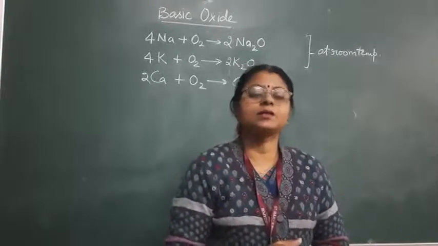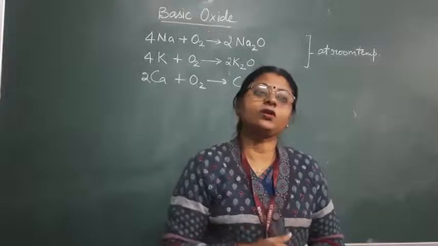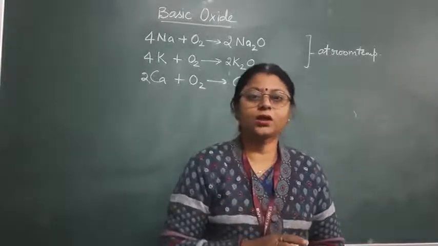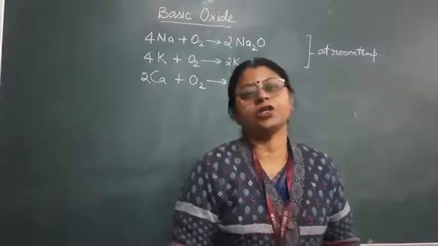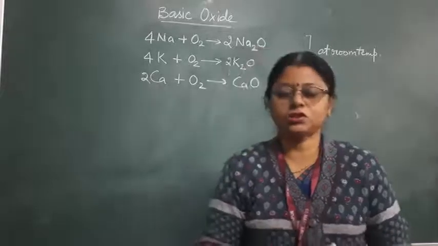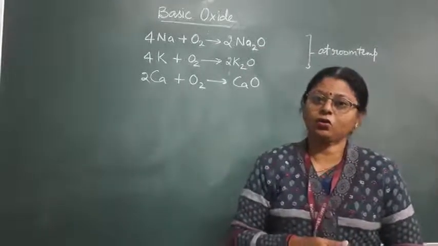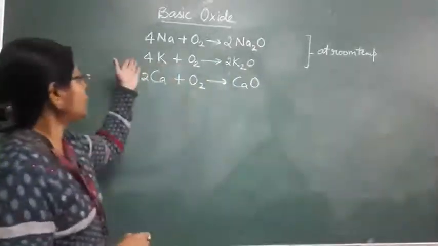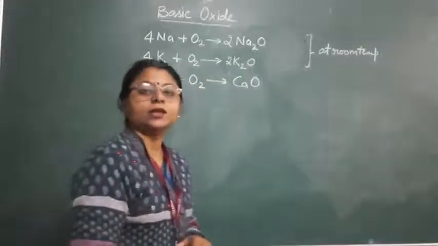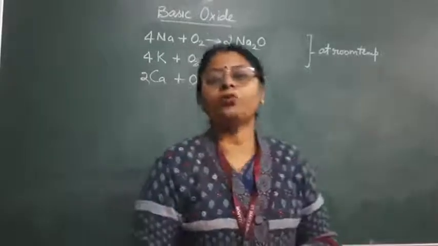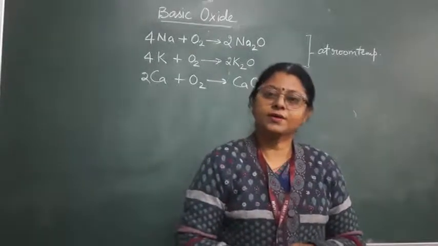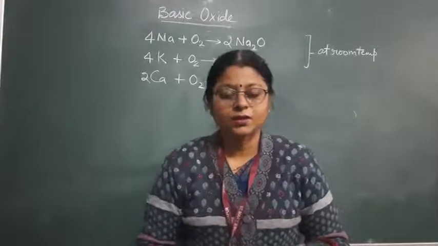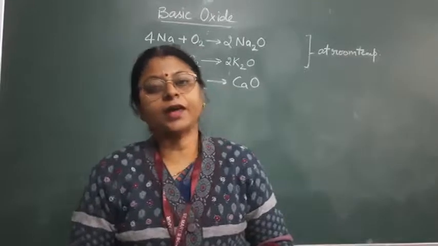Some metals react with oxygen vigorously, some react slowly. So at different conditions, different metals react with oxygen to form the metallic oxide. For example, sodium and potassium are very reactive metals. They react with oxygen and form oxides, and these metals are very reactive.